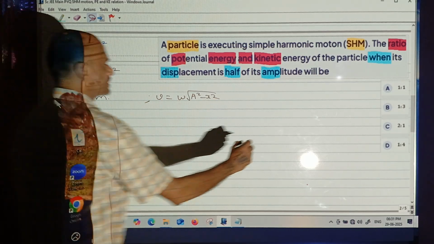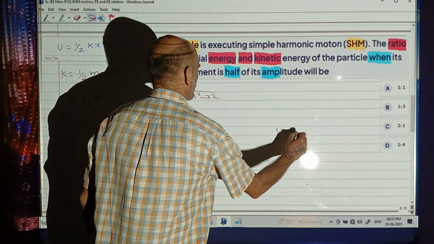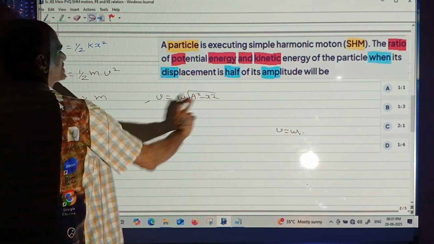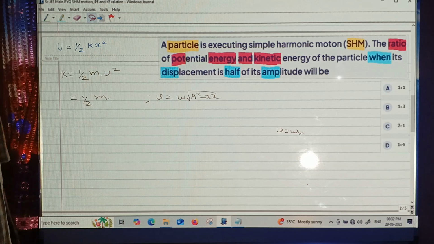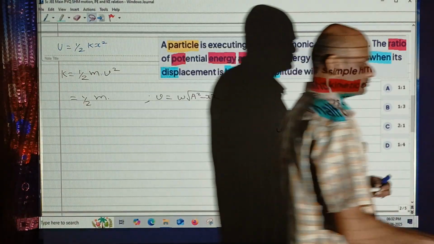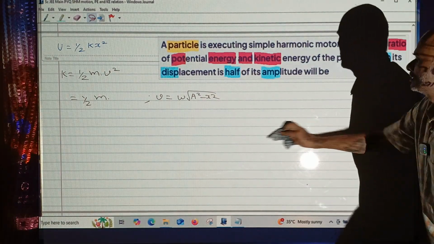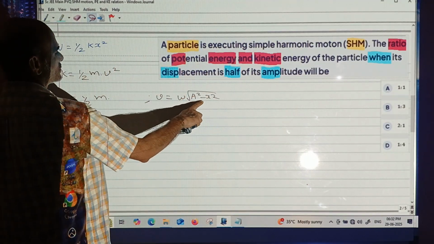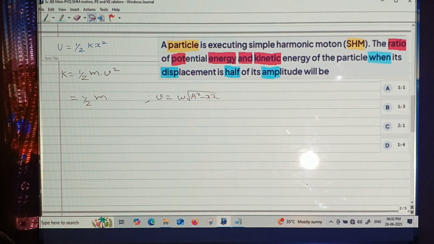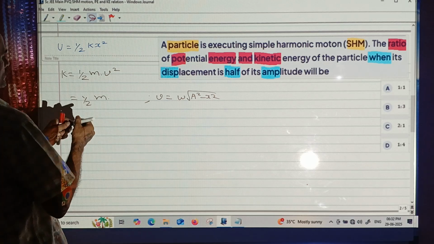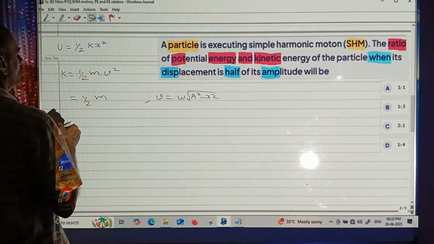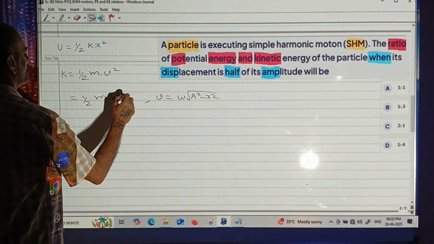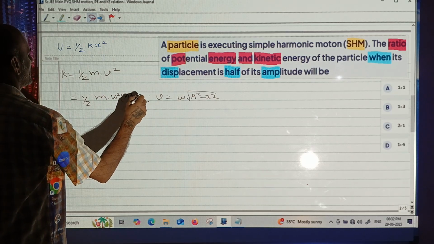For a circular motion, we know that velocity is omega into r, so it should match dimensionally with this one. So it's omega into some distance, which is square root of a square minus x square. This is radians per second, and this is meter, so it will be meter per second. So the dimension is correct. So velocity square will become omega square into a square minus x square.